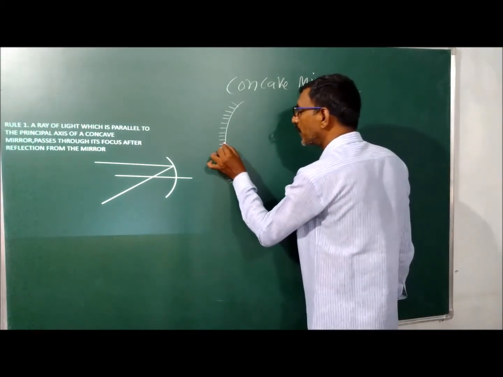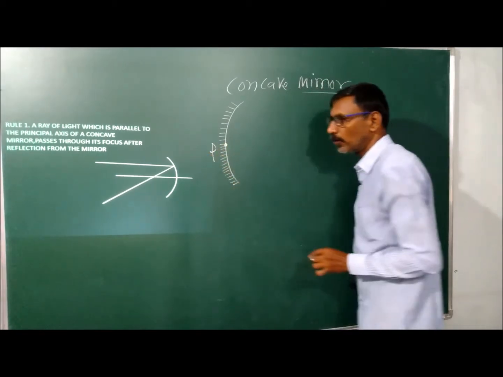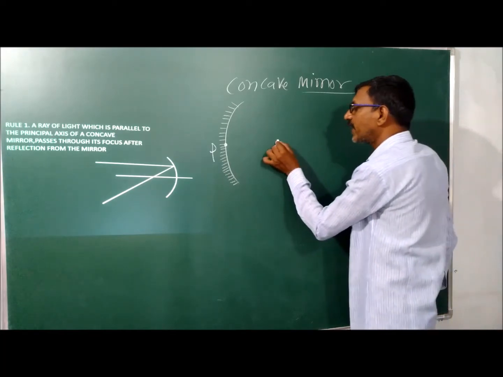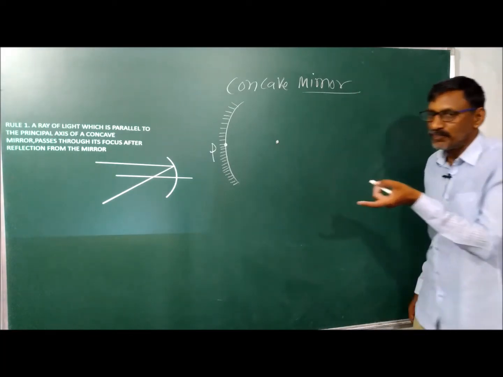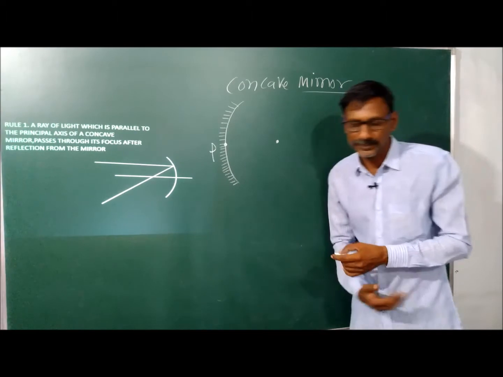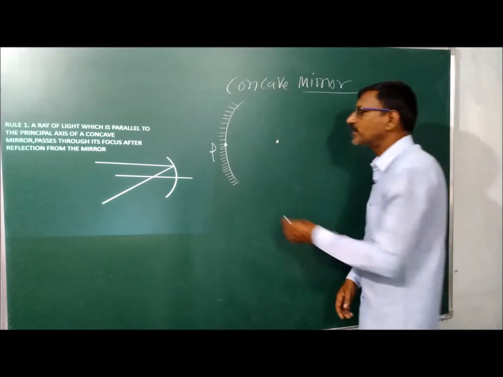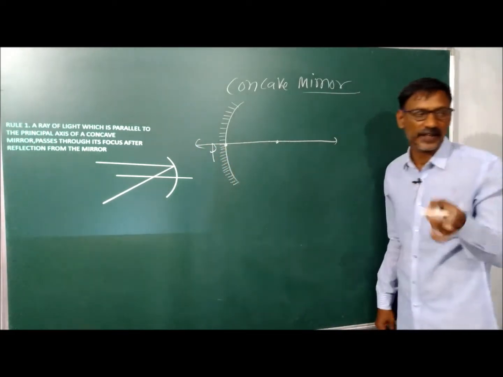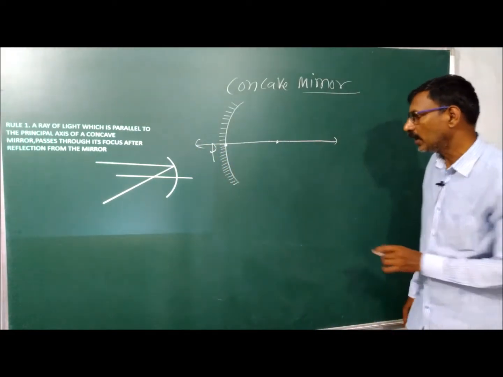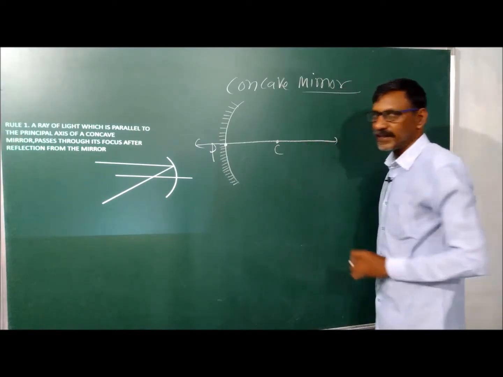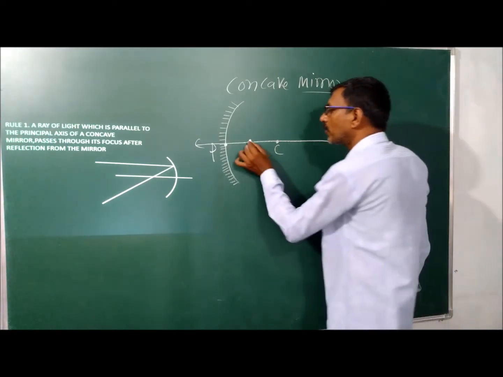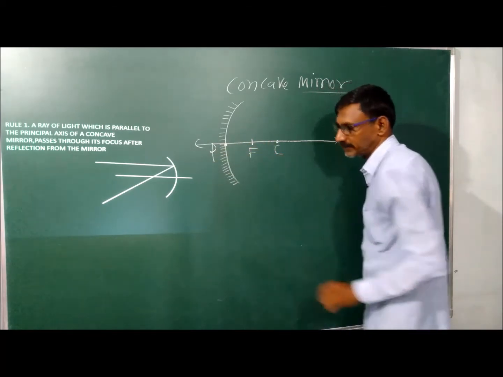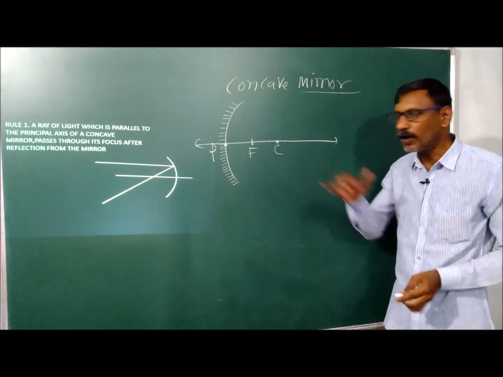I told you so many times, P is the pole, the center of the mirror, and C is the center of curvature in front of the concave mirror. By joining these two, we get the principal axis. This was also studied in the last class. I told you clearly, the focus always lies between P and C and it is the midpoint. It is my focus.